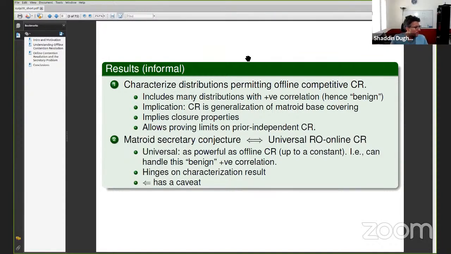Yeah, so most of the approximation algorithms that use contention resolution in the rounding step typically have independent distributions, because you have a solution to the LP and then you round it independently and then you apply contention resolution. However, in some settings, like stochastic optimization, the rounding is more complicated.